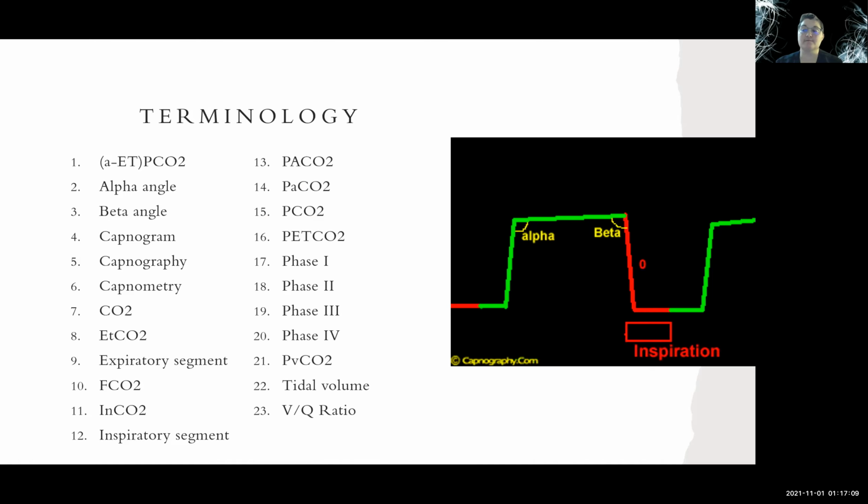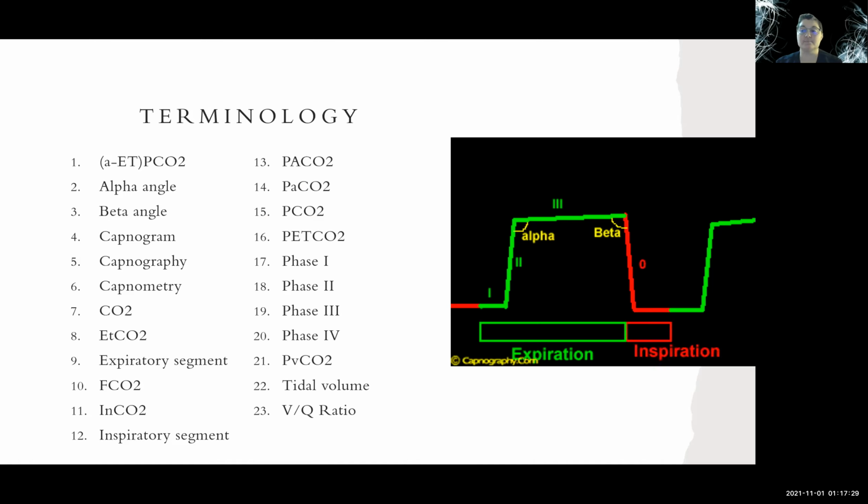Now volume capnography does not have what's called the inspiratory segment. Timed capnography is pretty simple, and for the most part, it's adequate for clinical use. So more than likely, this is what you're going to see used in practice.